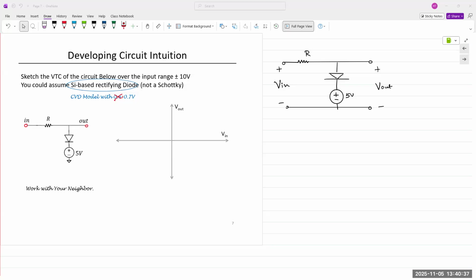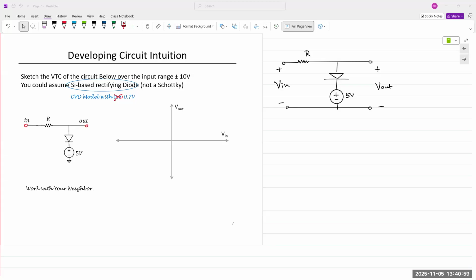So the first thing we want to look at is whether the anode or the cathode is connected to a source. In this case, the cathode is connected to a source, which means the cathode is held at the value of that voltage source.